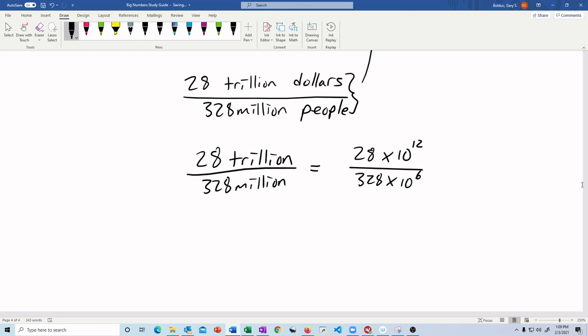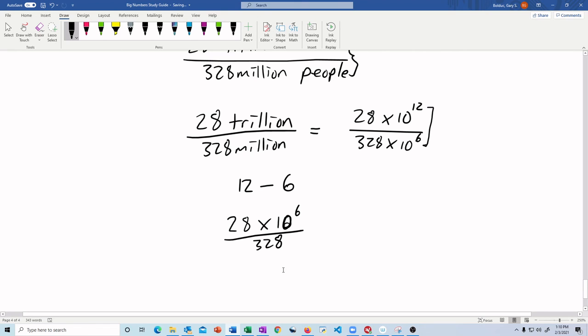Then we can do our work with canceling these extra zeros packed into these 12s and 6s. So that's 12 zeros on top minus 6 zeros on bottom. That leaves 28 times 10 to the 6th over 328.